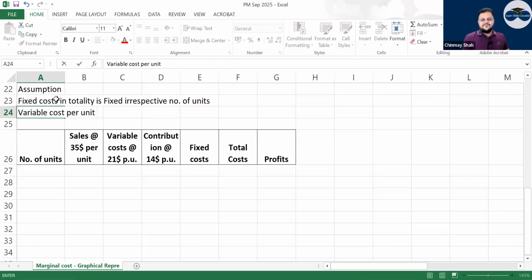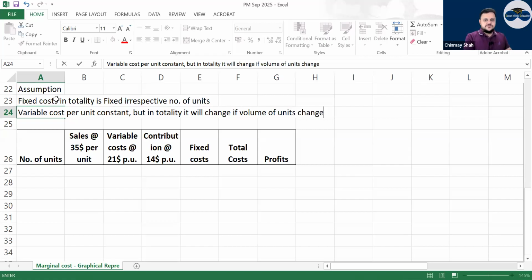Variable cost per unit is constant, correct? But in totality, it will change if the volume of units changes.